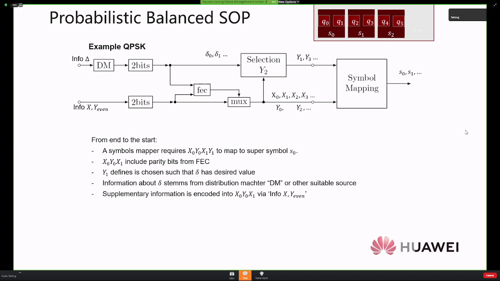The interesting part is the last 2D symbol, those odd Ys, and those we obtain by using a source that gives us those deltas with a certain probability that we want according to the cost function that we chose. And this is basically how the scheme would look like.